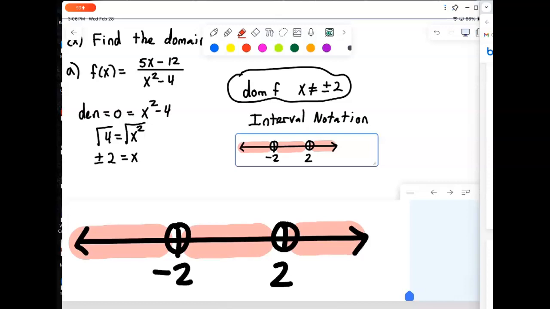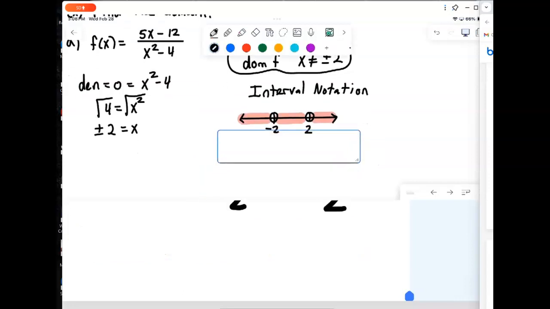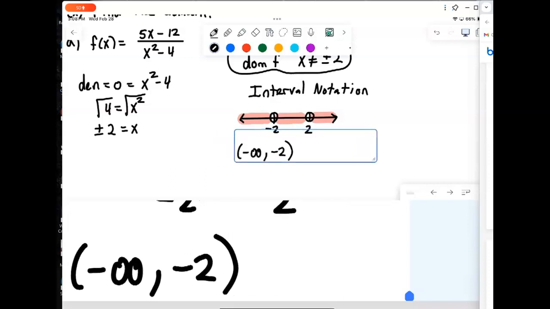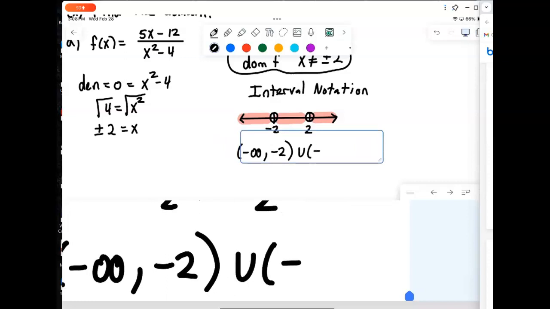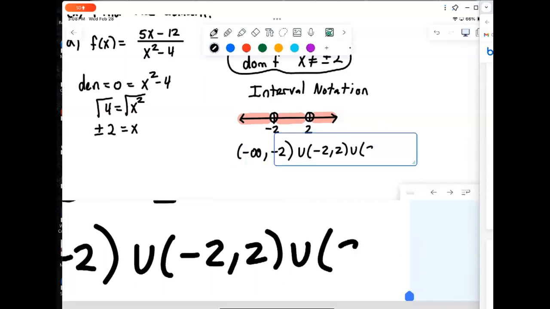And then we just write that down as our interval notation. That would be the interval from negative infinity up to negative 2, not including it, union negative 2 to 2, union 2 to infinity.